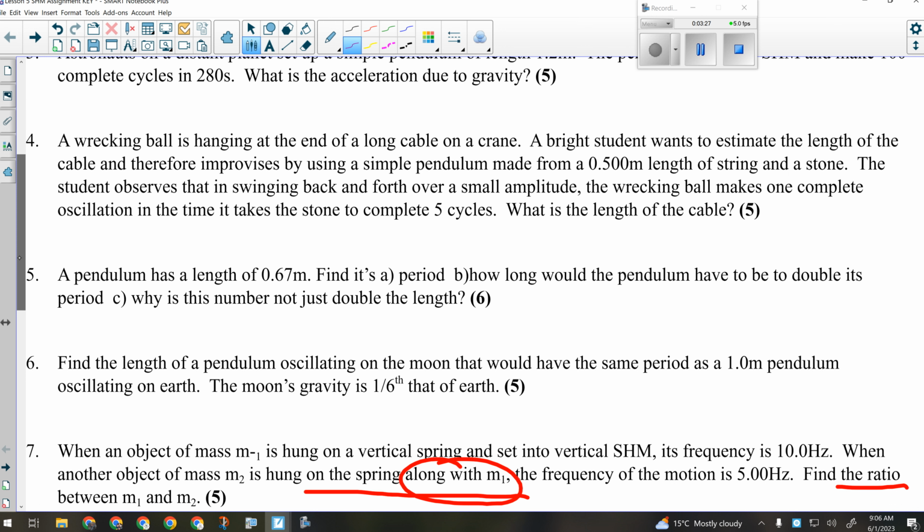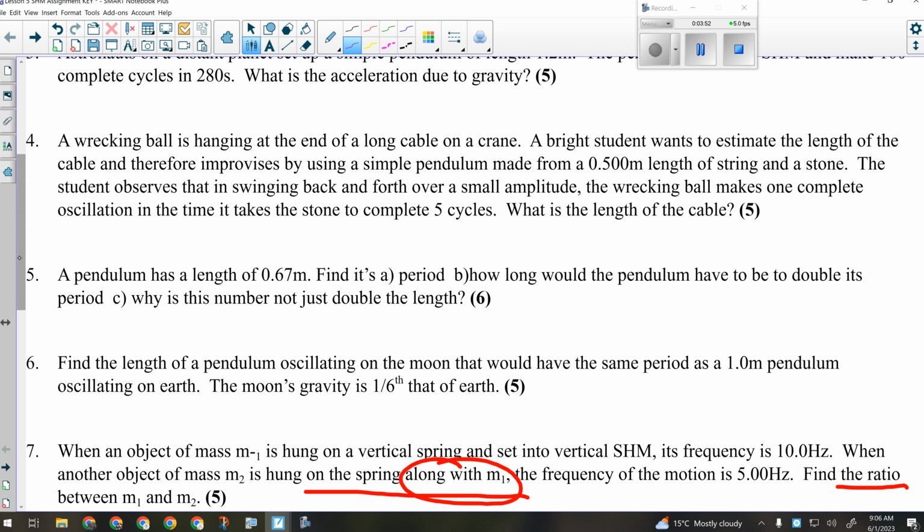Question number 4. A wrecking ball is hanging at the end of a long cable on a crane. So this one you really have to picture in your mind. A bright student, so one of you, wants to estimate the length of the cable and therefore improvises by using a simple pendulum made from a half meter length of string and a stone. So he's got a small pendulum that's only half a meter long.